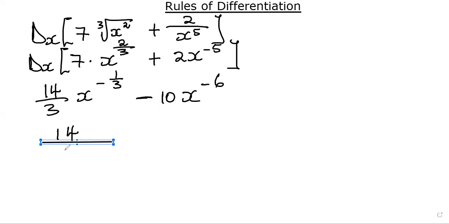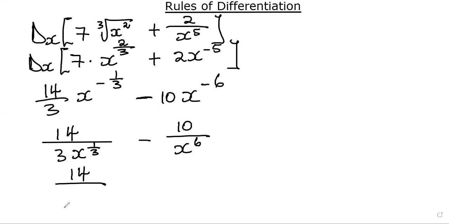But since we already have a denominator of 3, it's just going to multiply with x to the power 1 over 3. And then for this one, it's just going to remain 10 over x to the power 6. And then we can bring back the root sign.